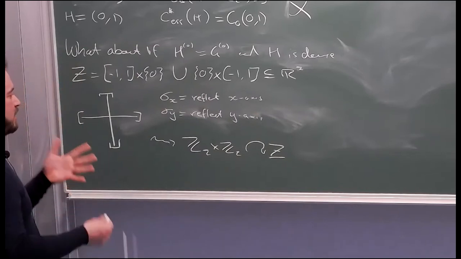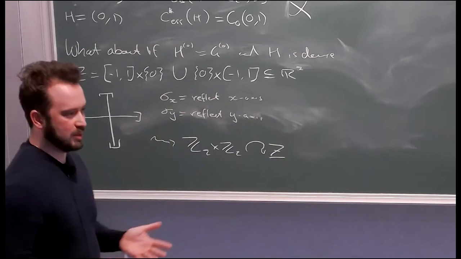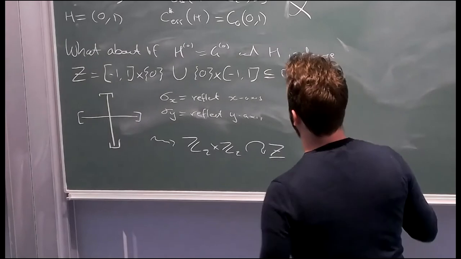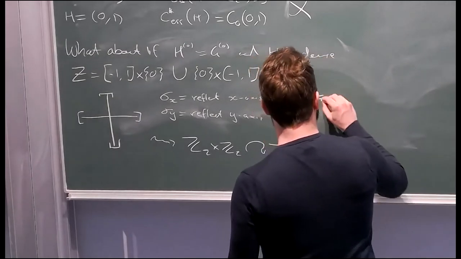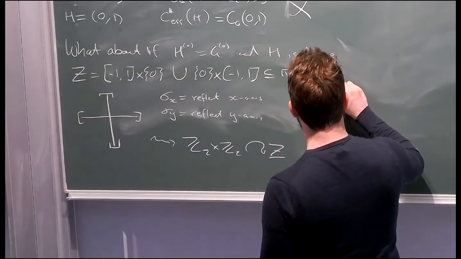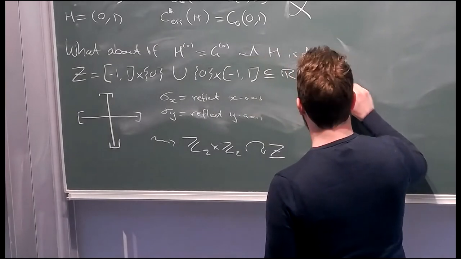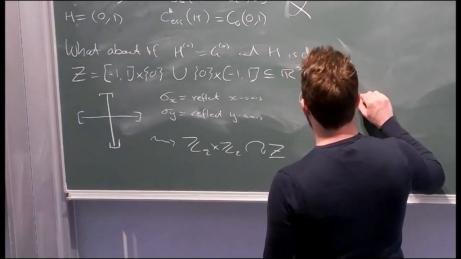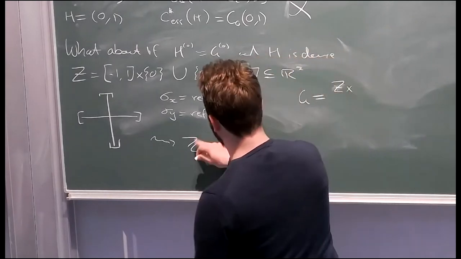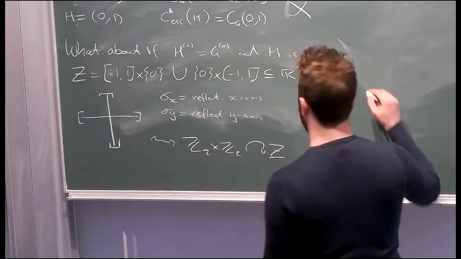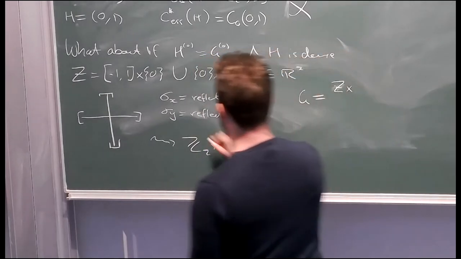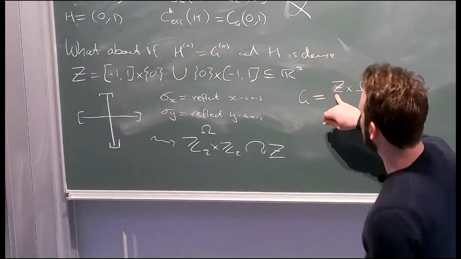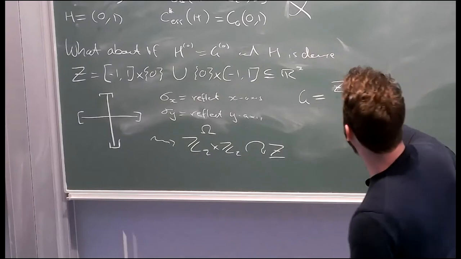So you get an action of this thing acting on this space, and then you can take what's called the germ groupoid of this by saying my groupoid is going to consist of pairs: a point in Z, times one of these elements of the group, which I'll call omega. So something in my set, something in my group that's acting on my set. Actually, it should be the other way around.